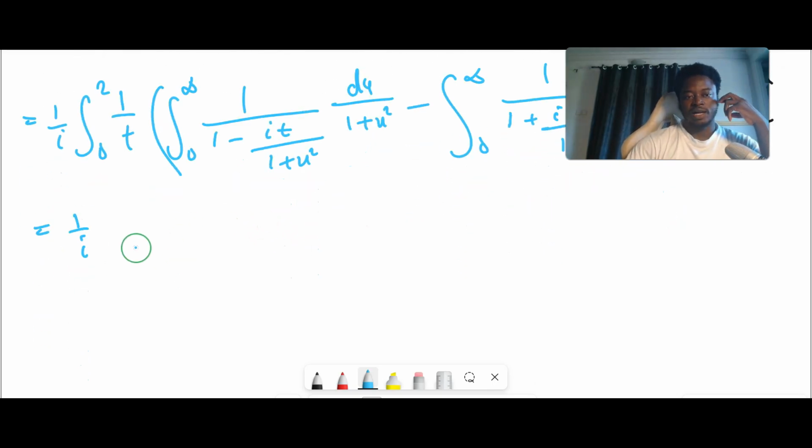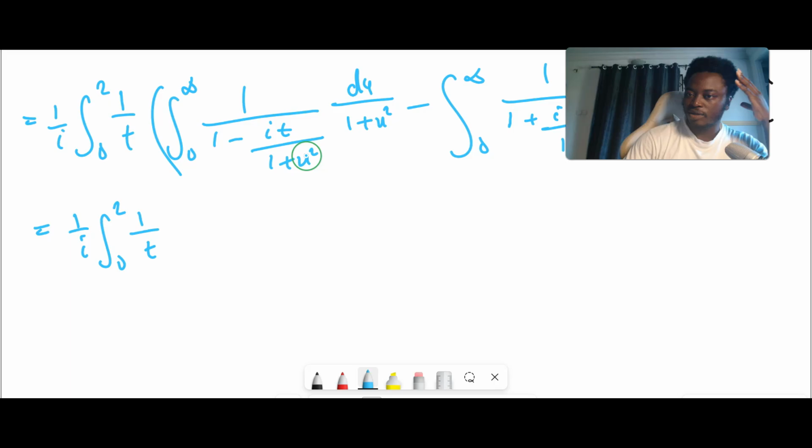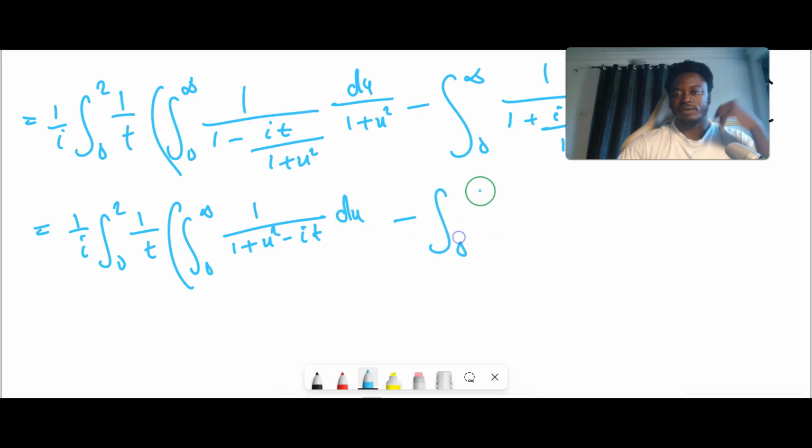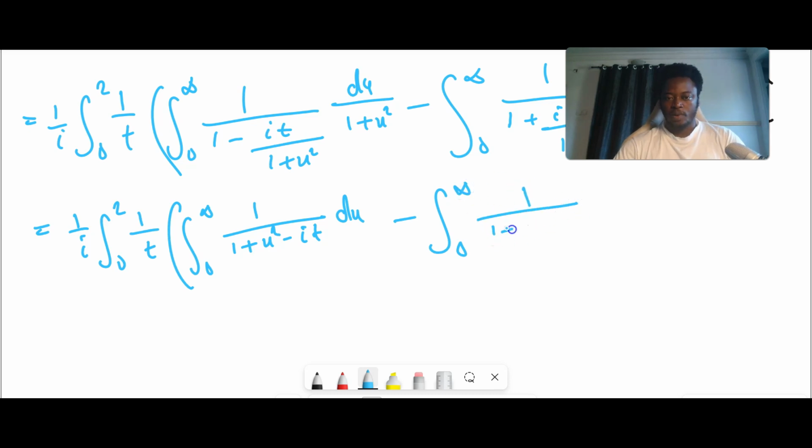Then you would have the integral from 0 to 2 of 1 over t. The 1 plus u squared cancel out, so you have the integral from 0 to infinity of 1 over 1 plus u squared minus it du, minus the integral from 0 to infinity of 1 over 1 plus u squared plus it du, then dt.